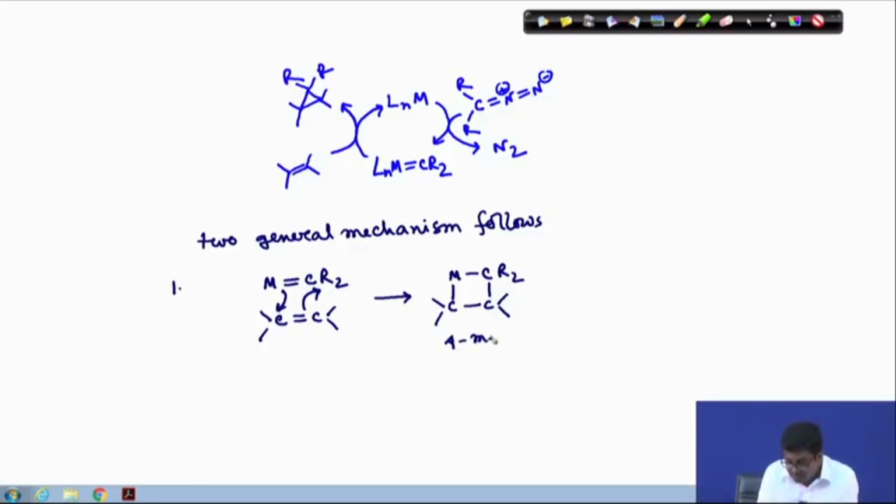So, this is the... Okay. So, once it is generated, then this 4-membered ring can decompose to the corresponding cyclopropane ring.